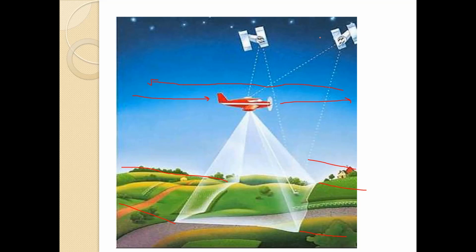In that system we have so many satellites above our head at any time. Among them, by taking signals from three or four satellites, we can accurately measure the distance or the point at which we are right now.